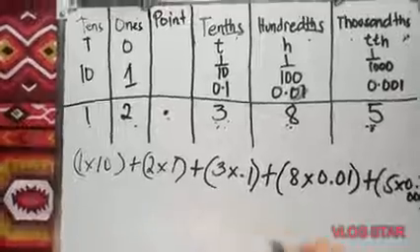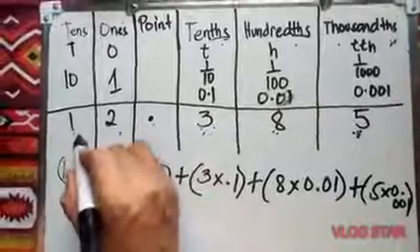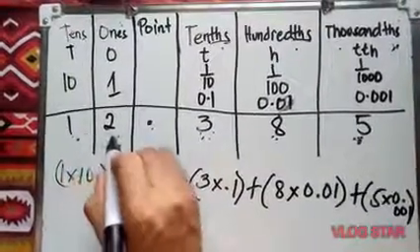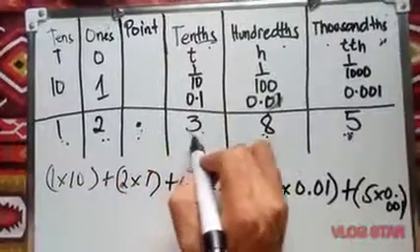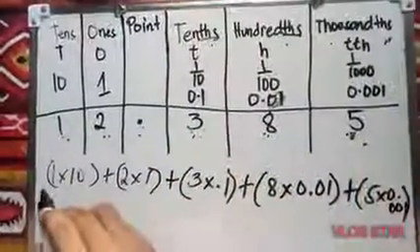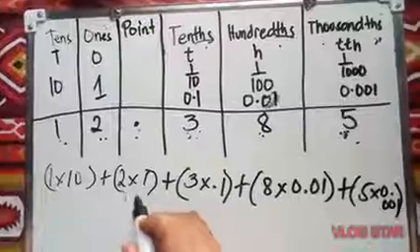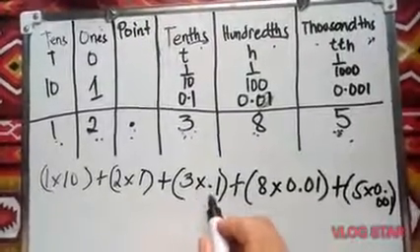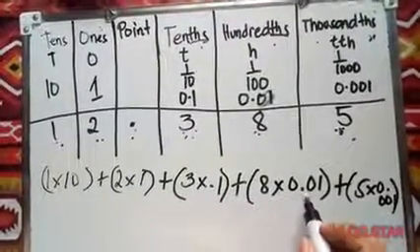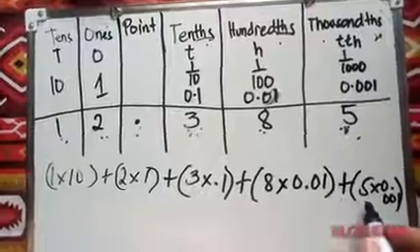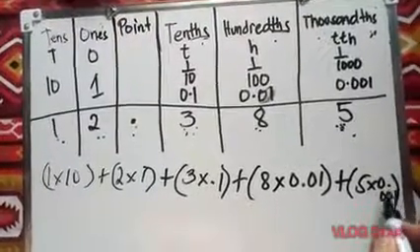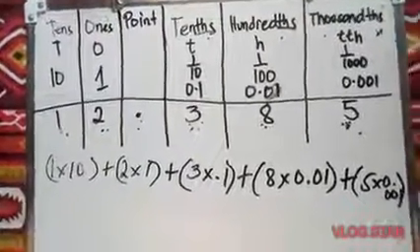So that's how we expand the given number 12.385: 1 times 10, 2 times 1, 3 times 0.1, 8 times 0.01, and 5 times 0.001.